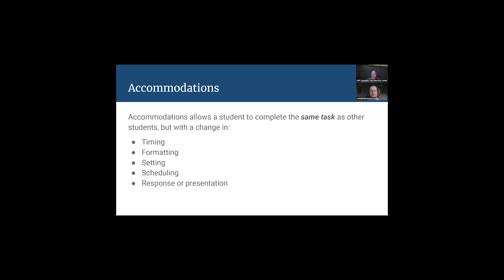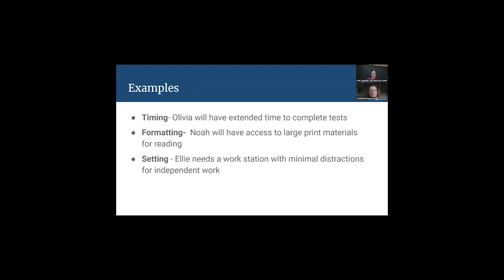So we have a few examples of what those might look like in an IEP for a student. So for example, in timing, Olivia will have extended time to complete tests. So you might see chunking of schedules as well, that a student might need a shortened amount of time and then take a break. So those would also be timing sort of examples.